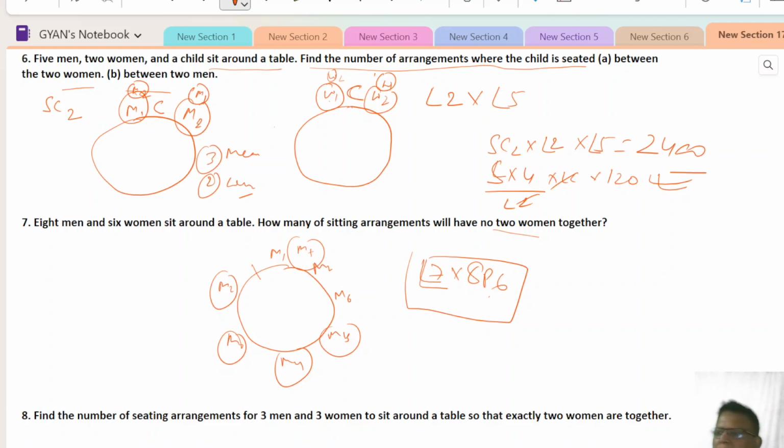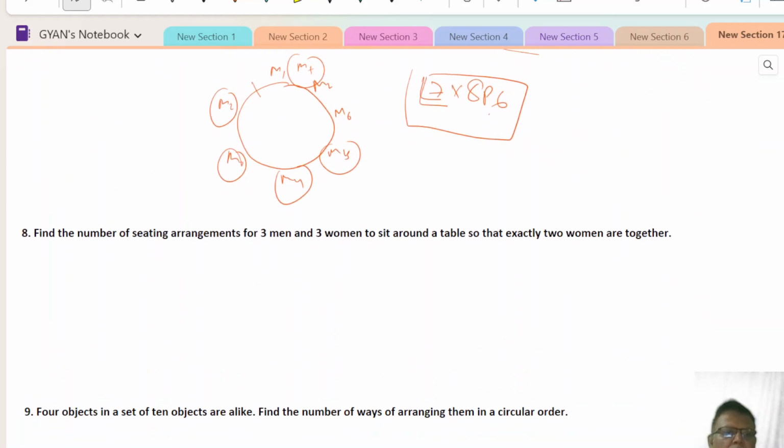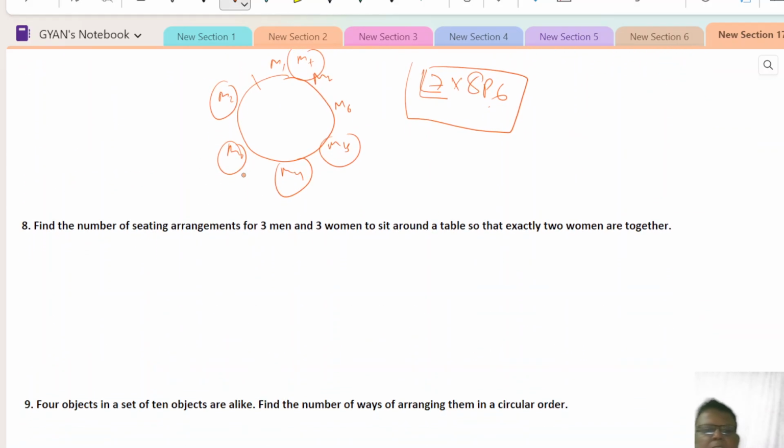Now come to question number 8. Find the number of sitting arrangements for 3 men and 3 women to sit around a table so that exactly 2 women are together. So 2 women are together, W1 W2. They can exchange their places, so this is factorial 2 ways. How many remaining are there? 4 are there, 3 men.